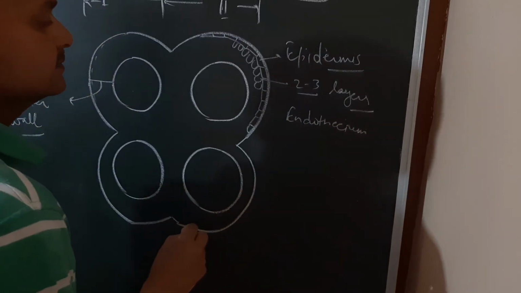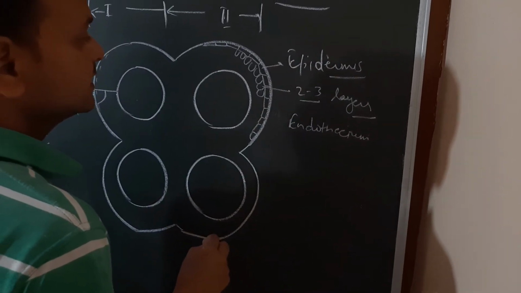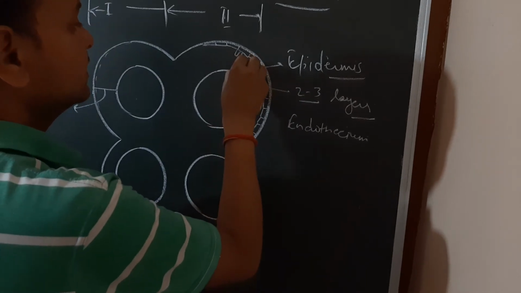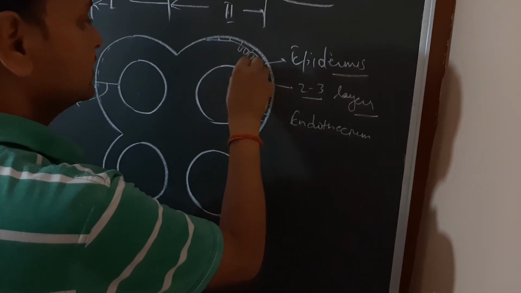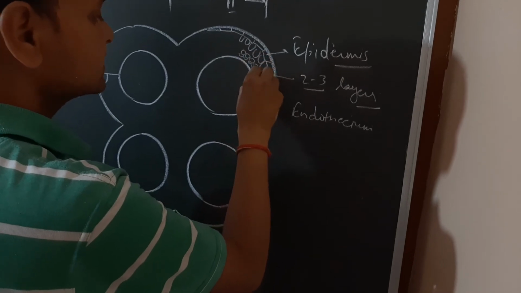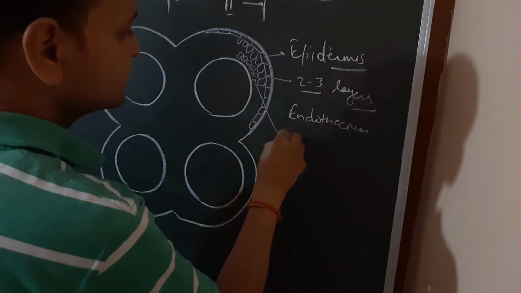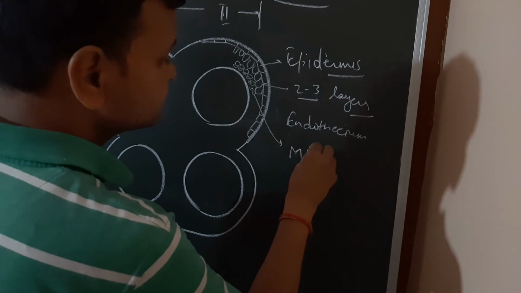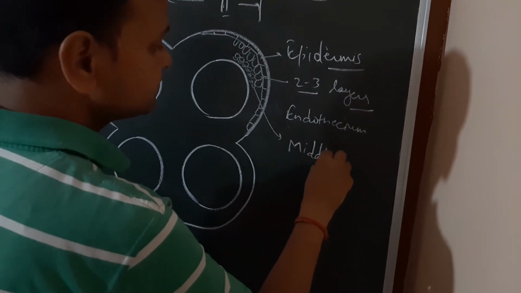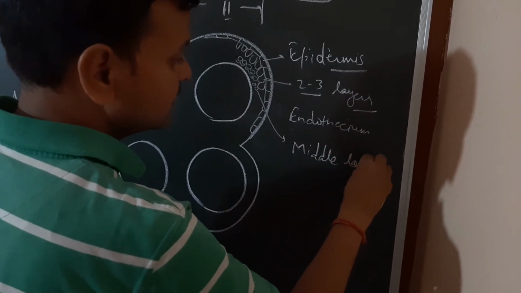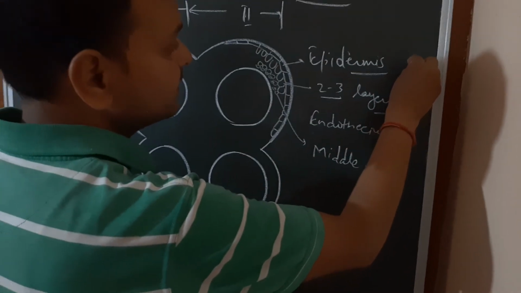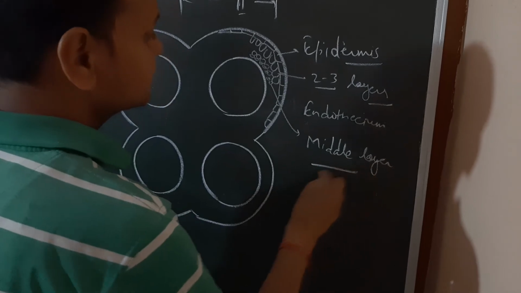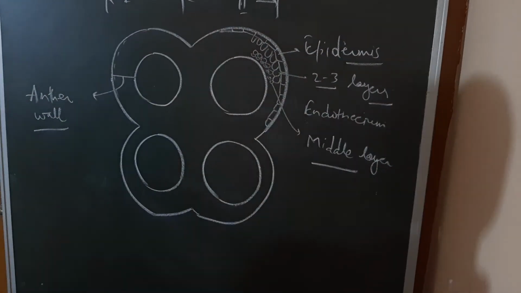Inside the endothecium there are loosely arranged parenchyma cells, and these parenchyma cells are called the middle layer. And these three, epidermis, endothecium and middle layer, form the anther wall.